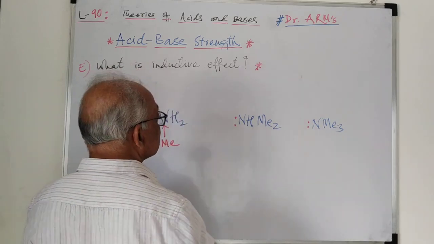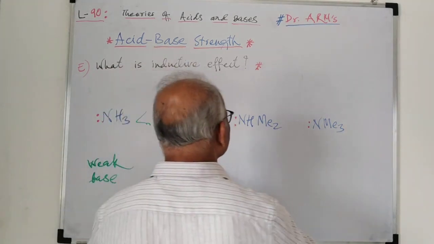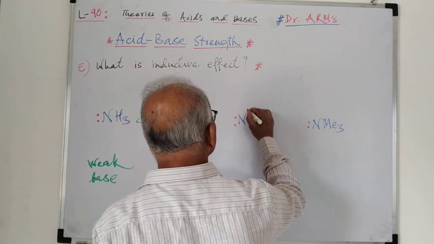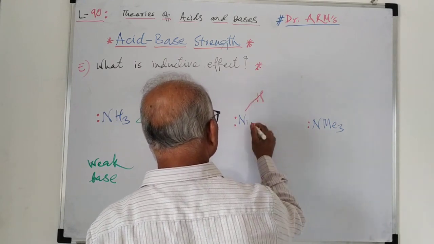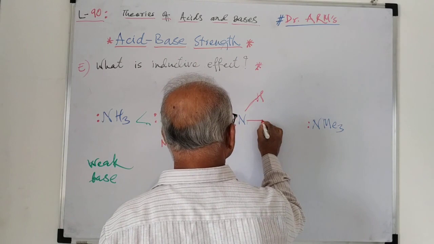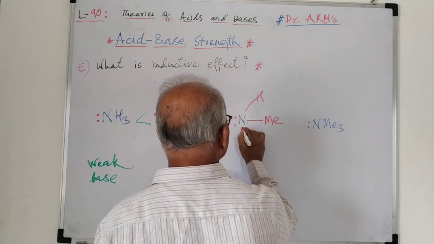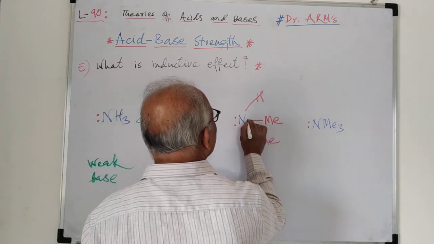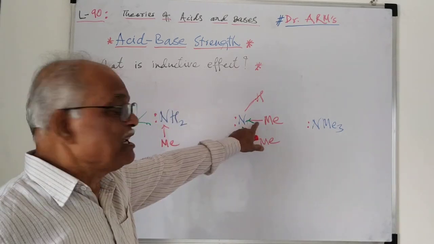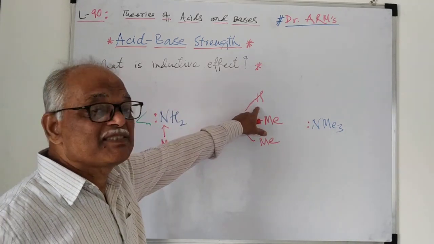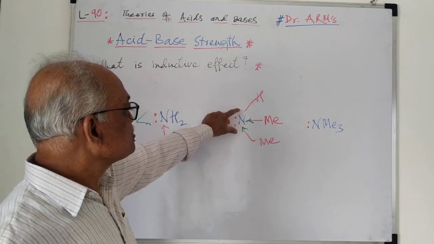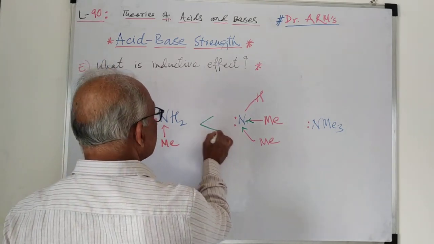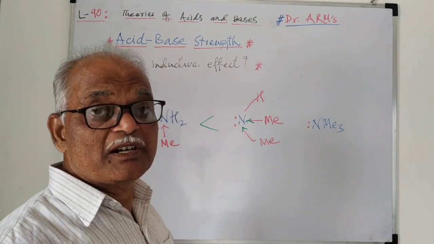Now again, if we see here, these two methyl groups are supplying electrons, but this is not supplying electrons. So electron density is increased on nitrogen, as a result of which this is again a stronger Lewis base.